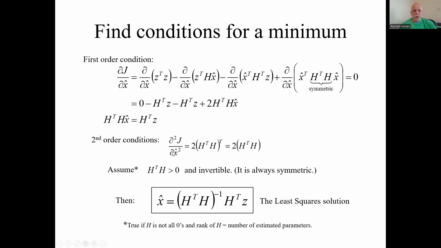The second partial, let's see, no x hat, no x hat. It's only this term, and we use that first formula again, which says that the Hessian is just this. You can express it this way. And for now, we'll assume that that thing is strictly positive and invertible.